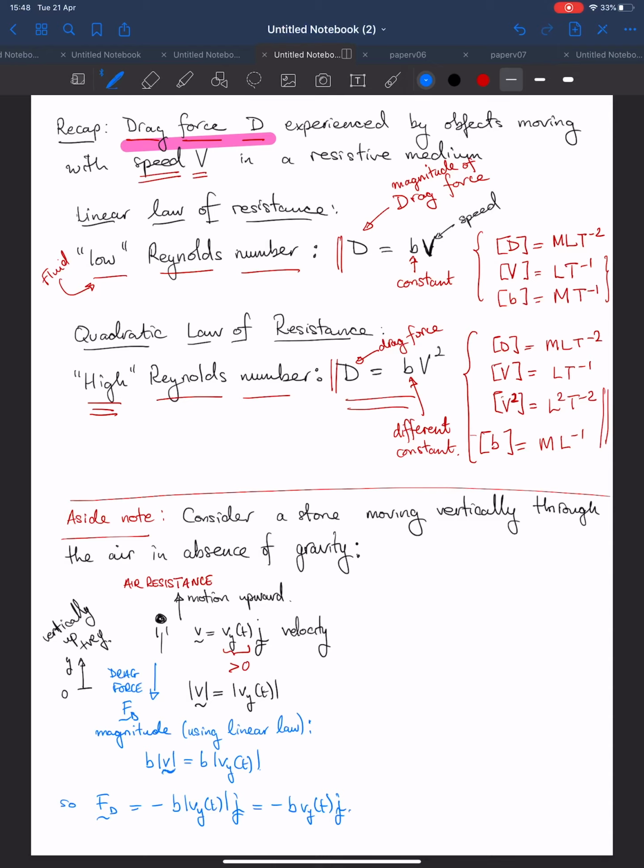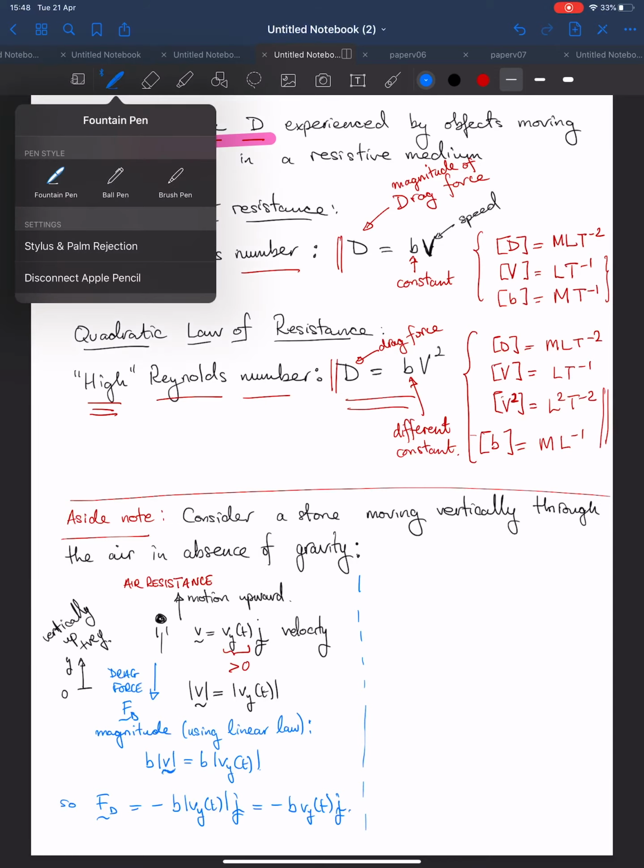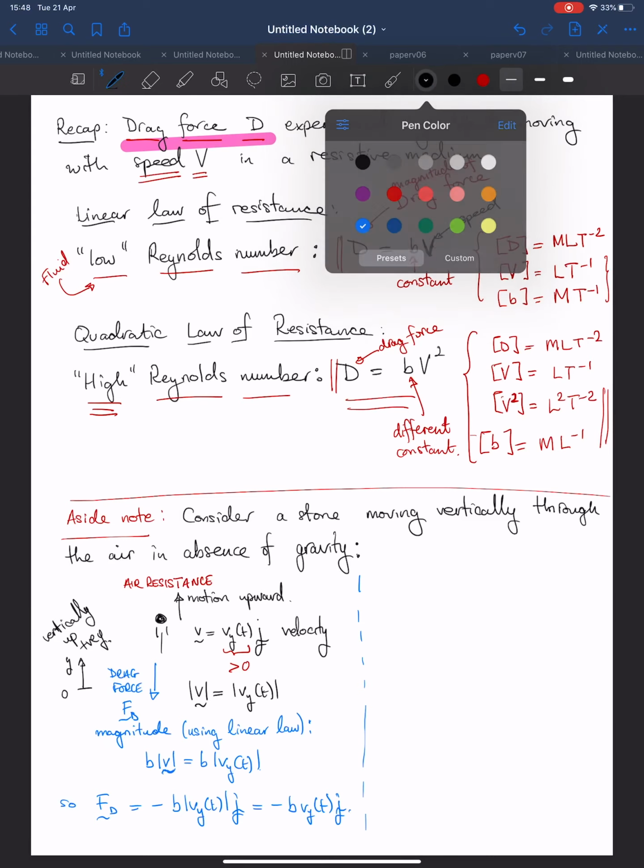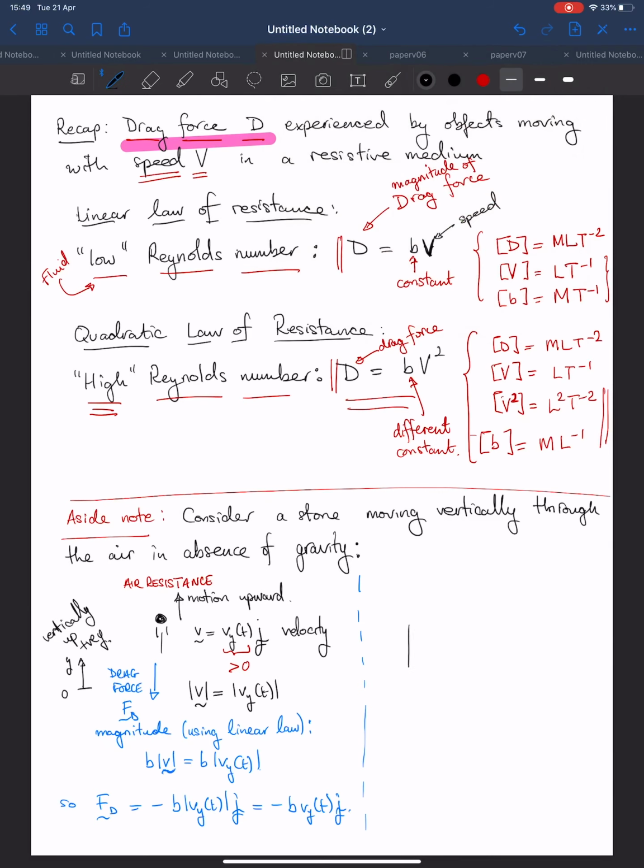Good. So what happens then if we have the same case, but now the stone moves vertically downwards? Well, I'm still going to keep the reference system pointing upwards for positive. I now have a stone, the same stone, so let's assume it's reached its maximum height, and then it begins to fall down, for whatever reason.